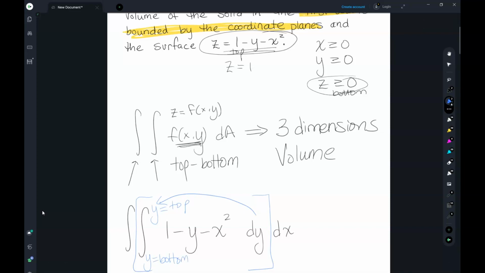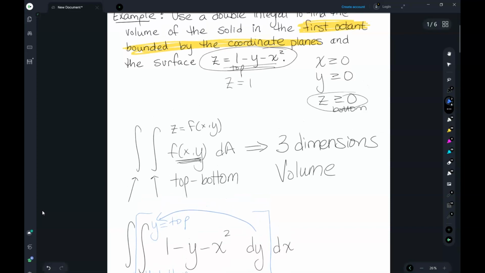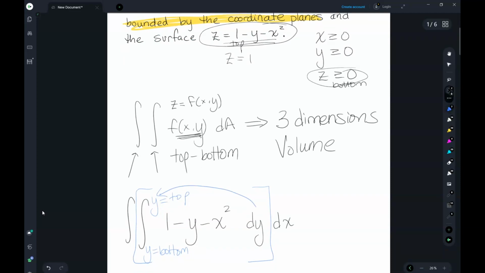To figure that out, we first need to look at what's happening in the xy plane, and that's when z equals 0. We were asked to use the coordinate planes as bounds. So in the xy plane, we don't need to consider z anymore because z is considered in the integrand.